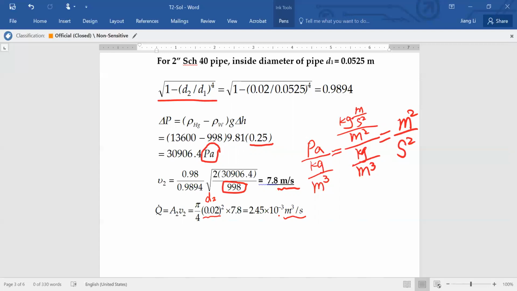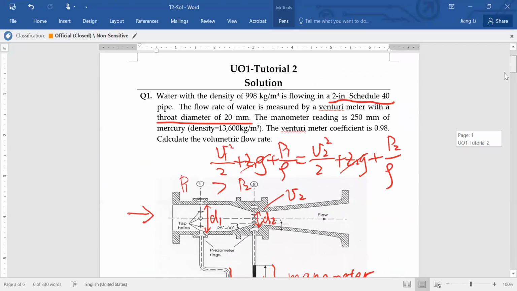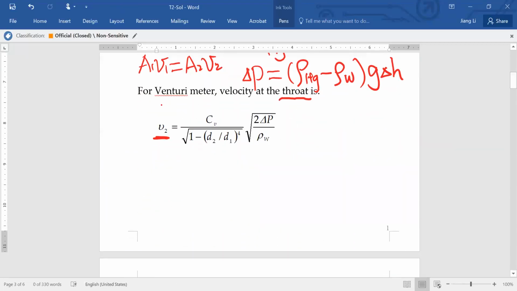Then, let's say you want to find the exact velocity inside the pipe, how to find it? You can still apply the continuity equation, A1 V1 equals A2 V2, right? Now you have V2 already, you have A2, so you can find V1 directly. Okay, so just to repeat for this question, this equation is for the venturi meter.